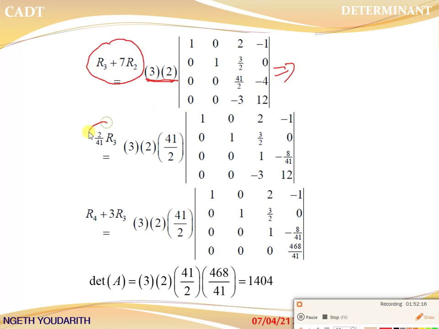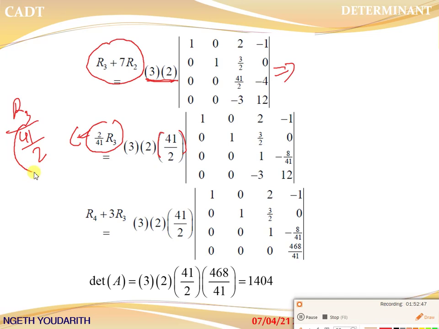But this one we change: row 3 multiplied with 2 over 41. So we multiply with 41 over 2 because it is the inverse of this. This one we can write as 3 over 41 over 2, this one over 2.